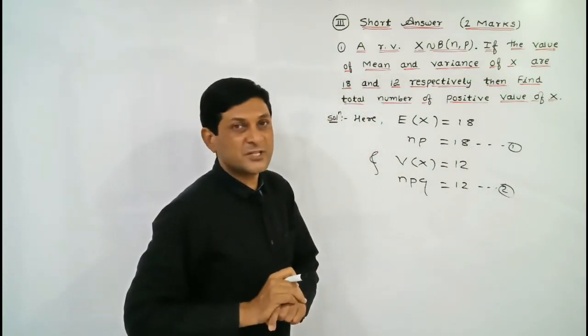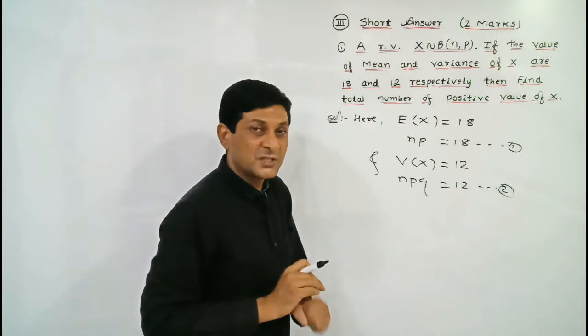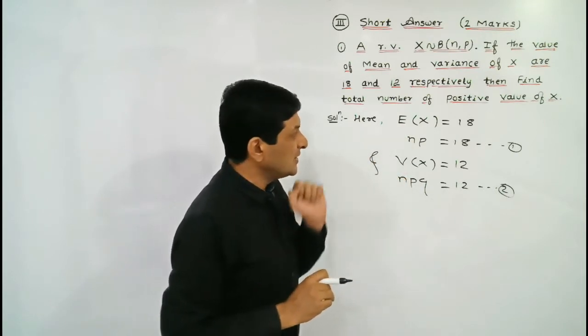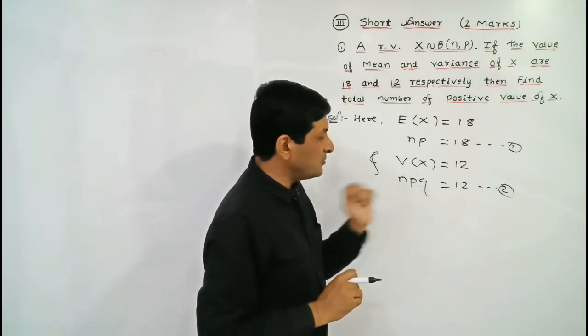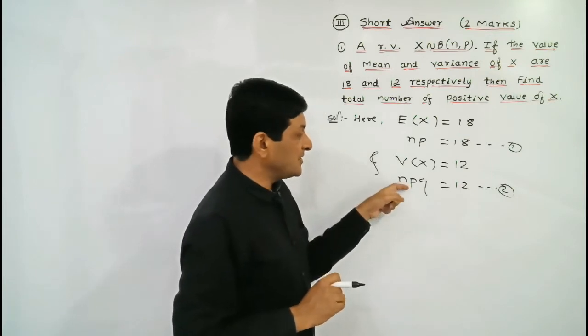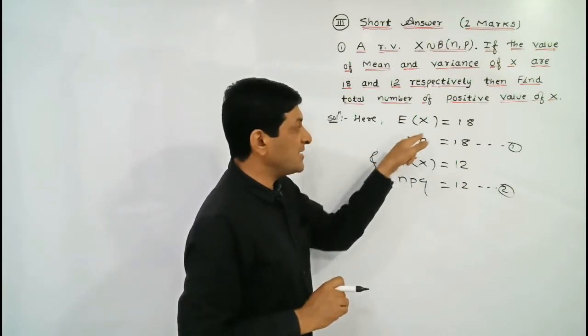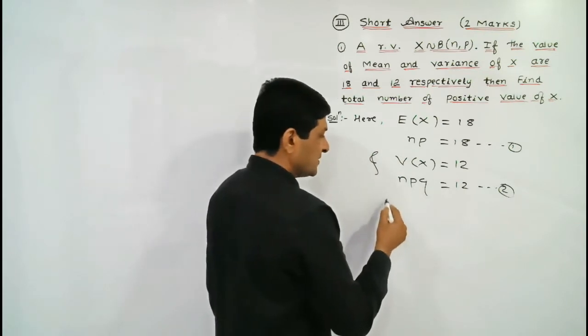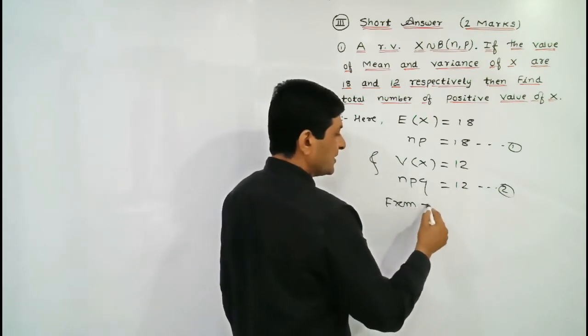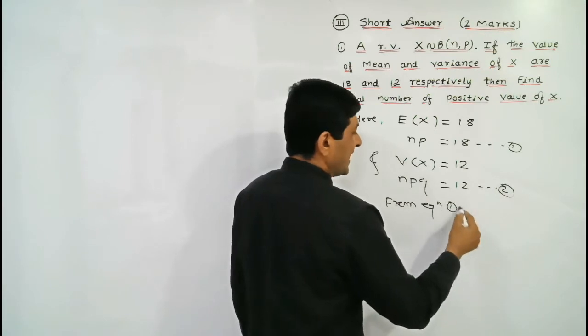Once these two equations are known to us from the given condition, by solving these two equations we are easily able to find the value of q. What do we have to do for this? We have to take the division of these two equations. If we are taking the division, np and np will get cancelled. So see what result we get from equation first and second.